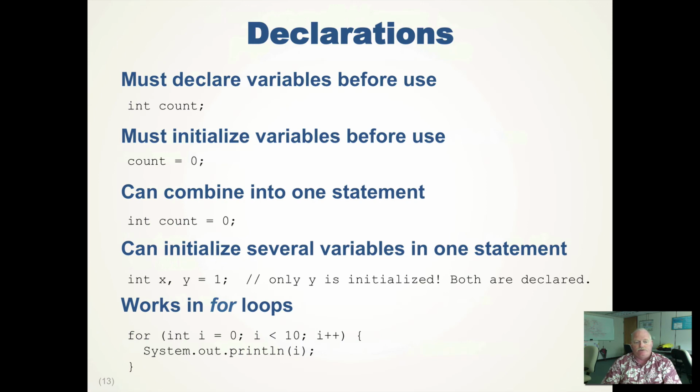This is very useful in for loops because we can shorten the for loop by saying for (int i = 0; i < 10; i++) and then print out i. That will print out the values 0 through 9. It's a very convenient way to declare and initialize in one statement, so you don't have to do the declaration and then later on do the initialization.